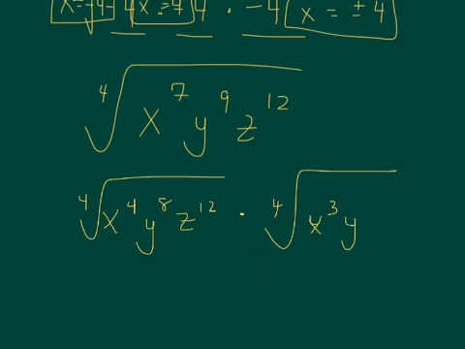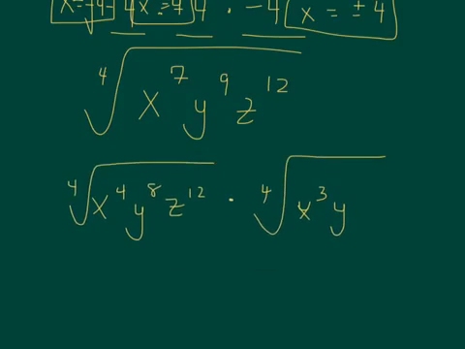You leave it. What about what's over here on the left side? It's just x, because it's to the 4th, and that's to the 4th, so you just cancel them out. Remember, the fourth root of x to the 4th is just x, just like the third root of x to the 3rd is just x. So the 4's kind of cancel in a sense.